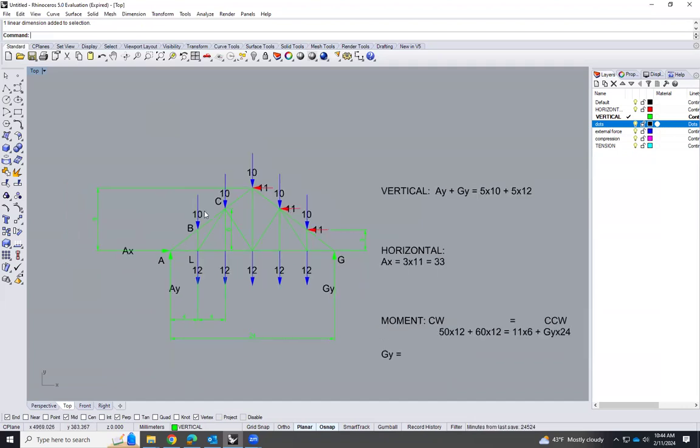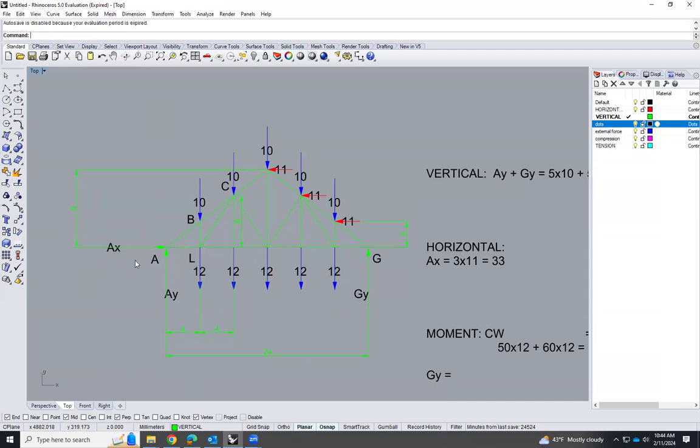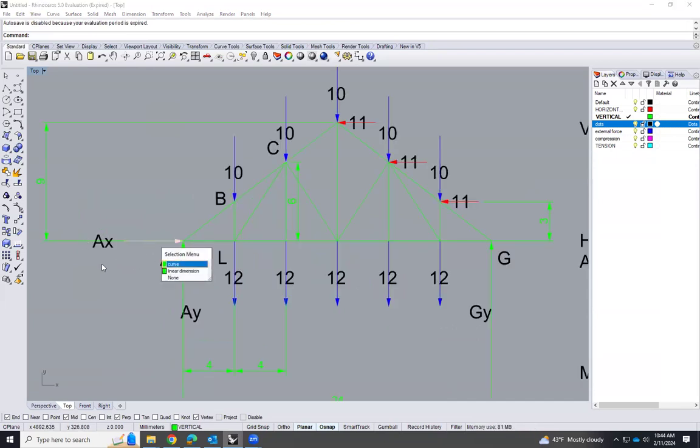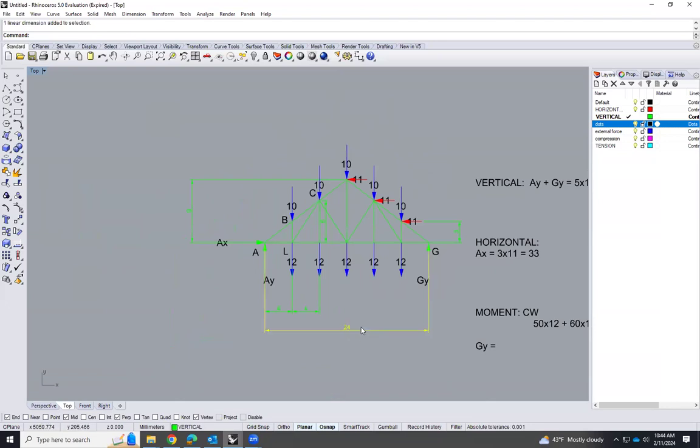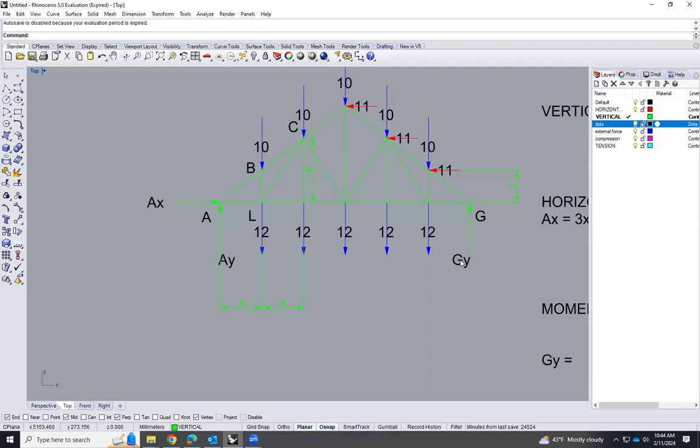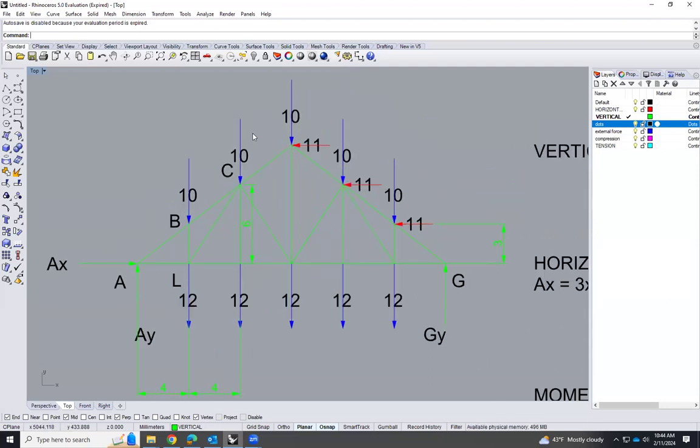Okay, so first we have to calculate the reactions. So there's a reaction here, AX, AY, at point A, and then we have this reaction here, GY, going up. And these are the external forces.